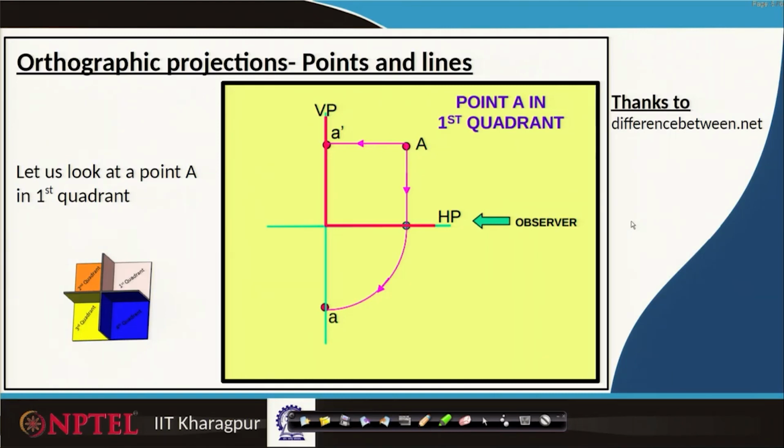For example, let us consider a point which is making a projection on the plane. For example, point A, we are interested in having its projection.